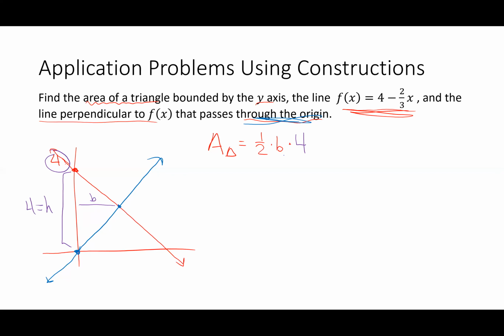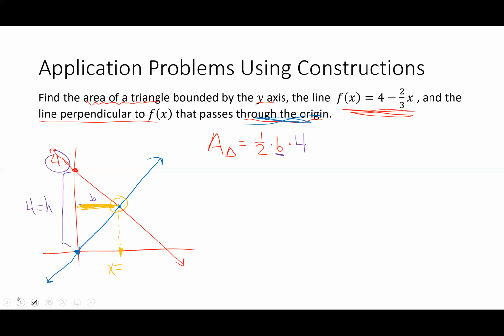Now we've got to find the base. For the base, what would be really nice to know would be this particular x value, because if we know this x value, this distance is going to be our base. So what we want to do is find the point where they intersect.